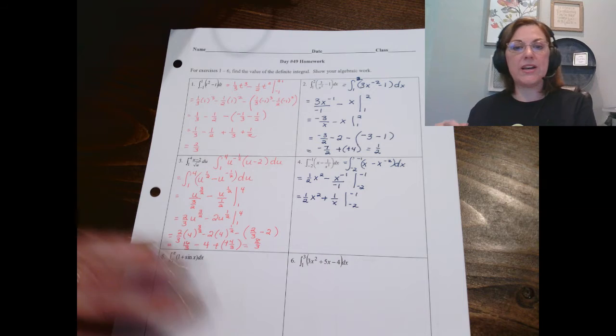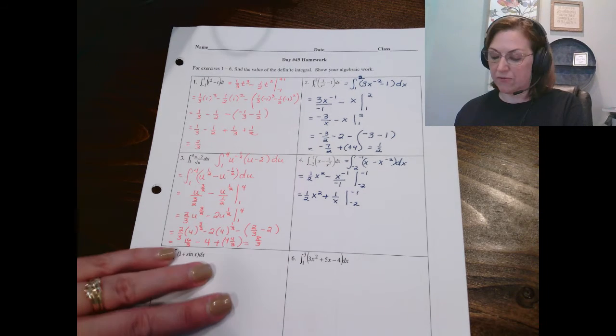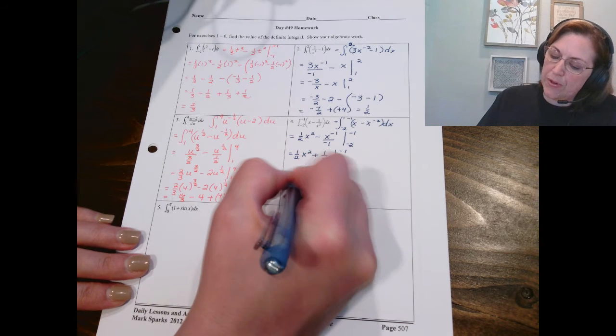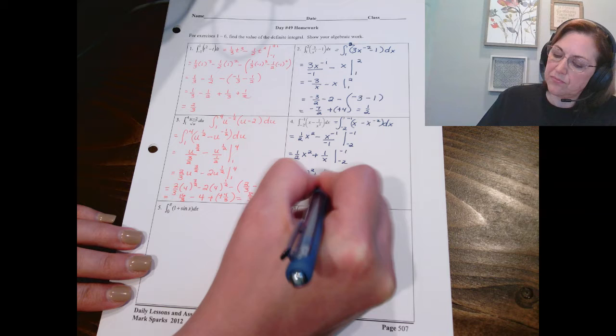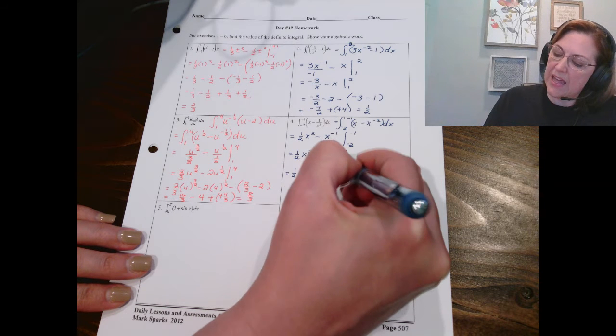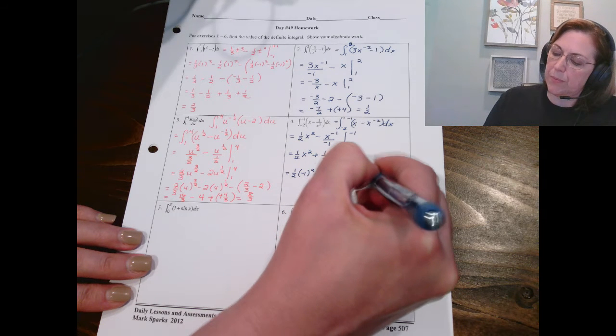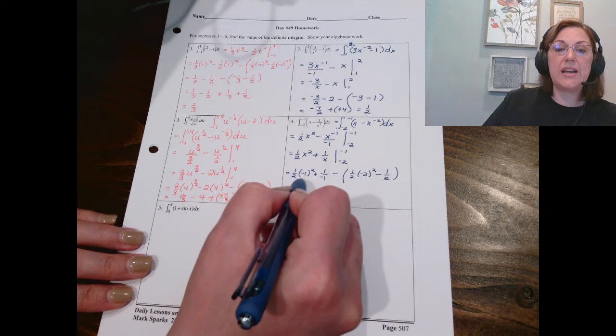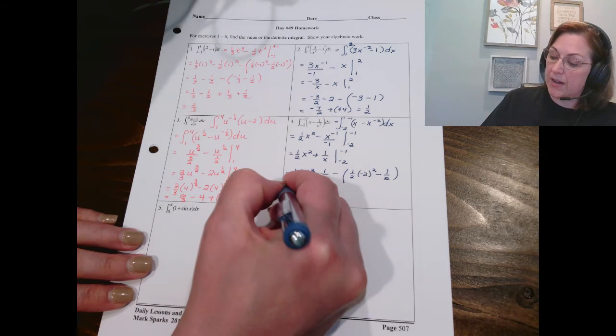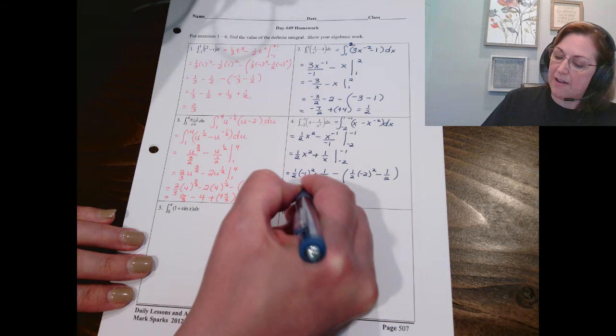Always best to go ahead and simplify that antiderivative before you substitute. It makes it a little bit easier for you. We'll put in -1 first. And then we'll put in -2. So -1 squared gives me 1, and that multiplied by a half gives me a half, minus 1.